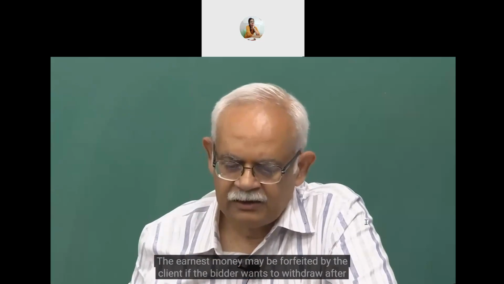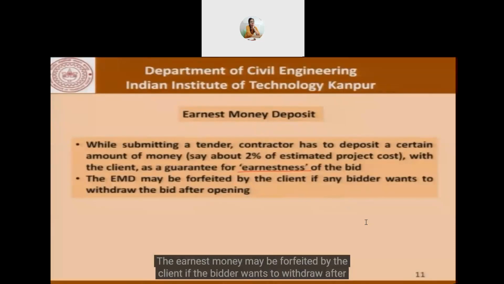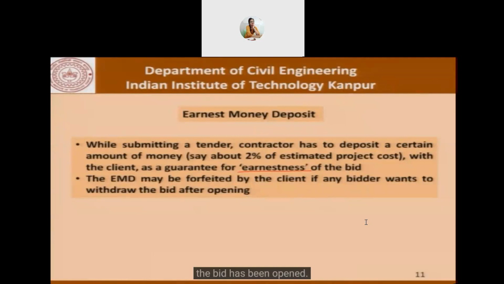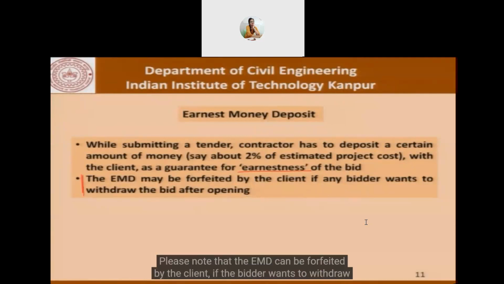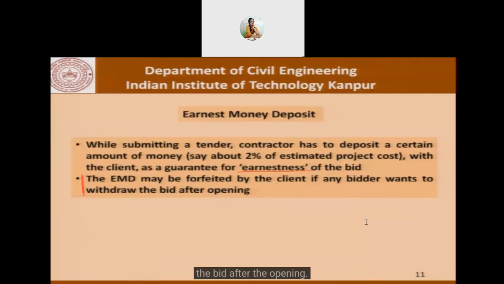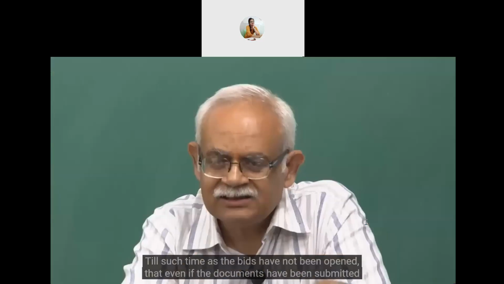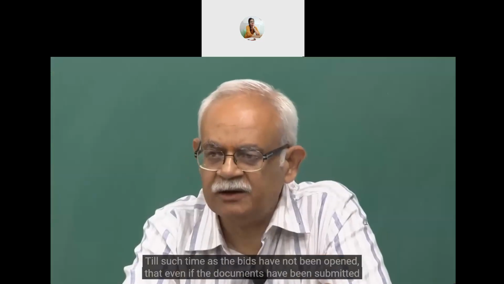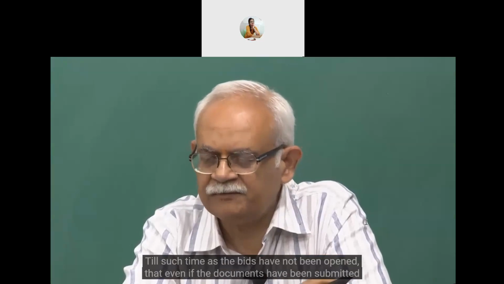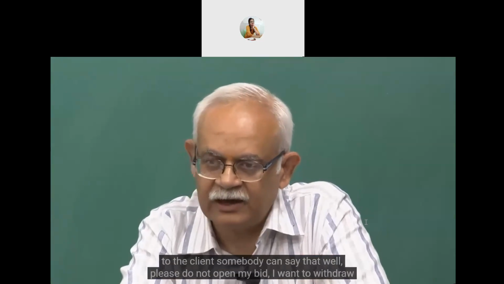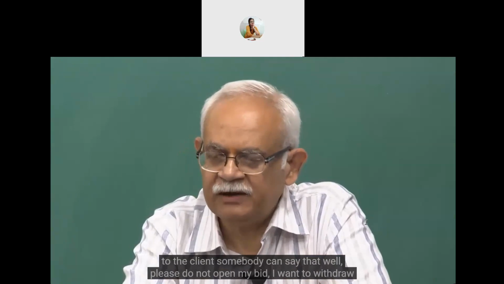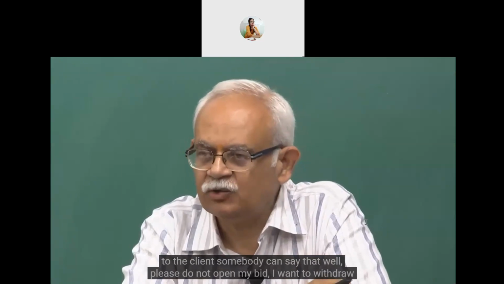The earnest money may be forfeited by the client if the bidder wants to withdraw after the bid has been opened. Please note that the EMD can be forfeited by the client if the bidder wants to withdraw the bid after the opening. Till such time as the bids have not been opened, even if the documents have been submitted to the client, somebody can say, well, please do not open my bid.